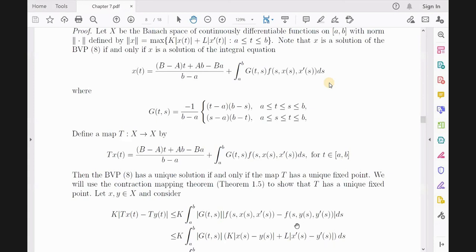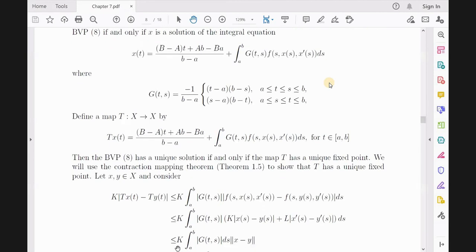This is because f satisfies the uniform Lipschitz condition. Now you can see this is less or equal to the norm of x minus y. So this is less or equal to K into integral from a to b of |G(t, s)| ds into norm of x minus y.